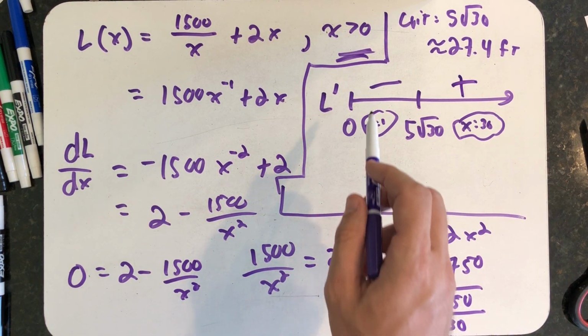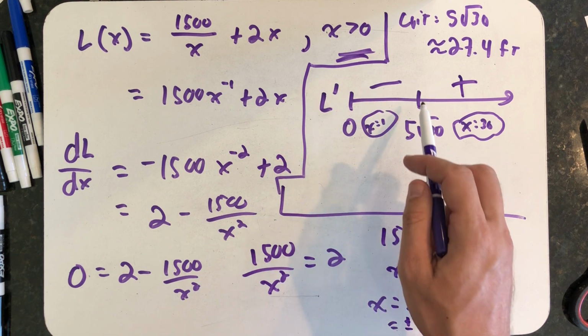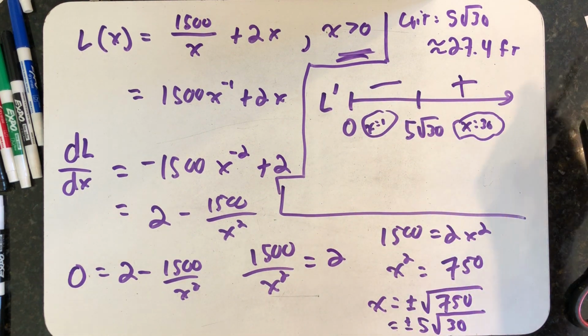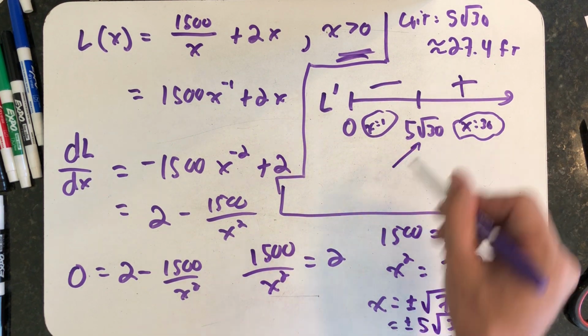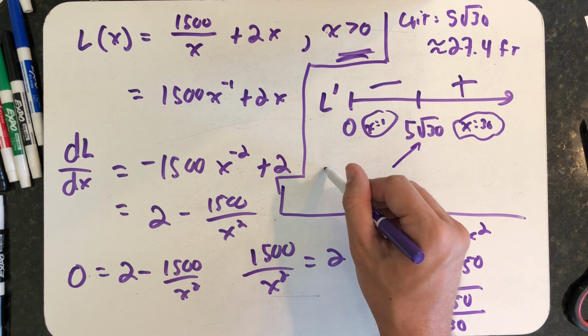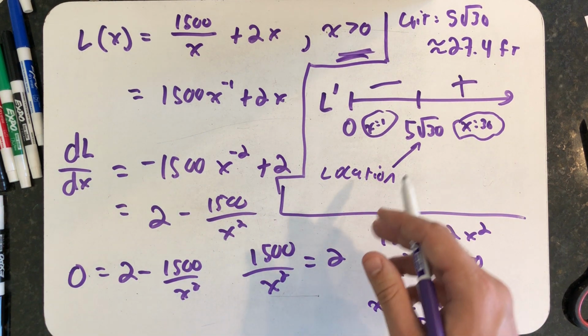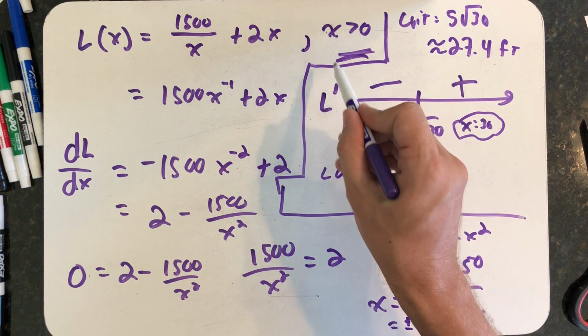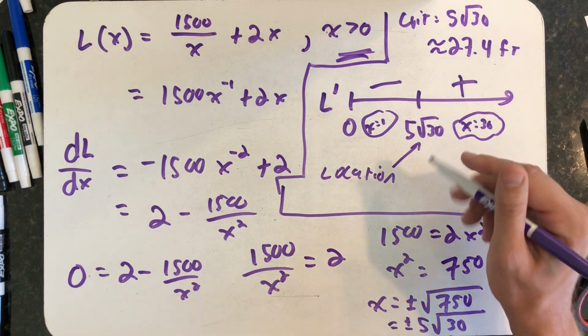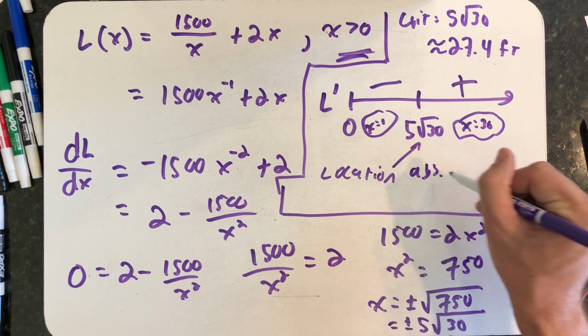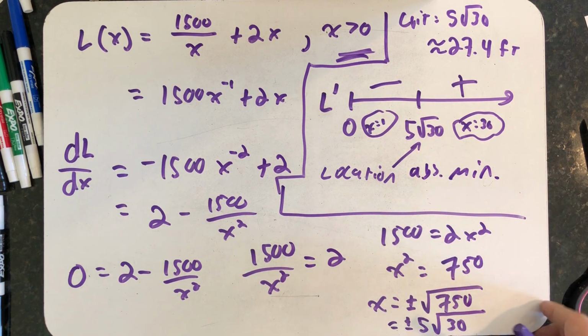So I now know my function decreases to 5 root 30 and then increases forever after that, making this the location of an absolute minimum. This is a test for local extreme values, but because I know I'm decreasing and then always increasing, it's actually an absolute min.